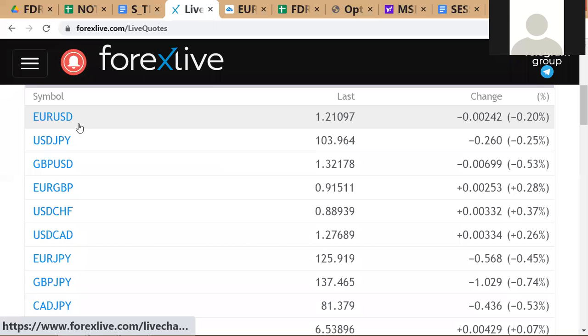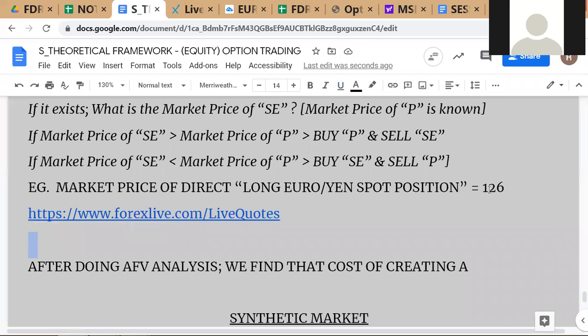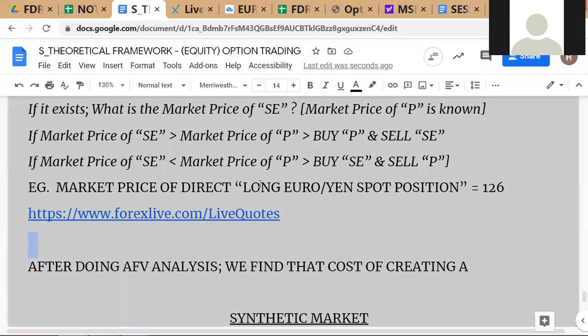When I say the market price of direct long euro-yen position, we are going to assume last price is equal to bid price is equal to offer price. So these are all choice prices. Directly going to the euro-yen market, there is a quote in the market for euro-yen direct, and I find that this is 126. I'm going to take this as 126. So if I go directly and buy euro-yen in the market, it'll cost me 126 yen per euro.